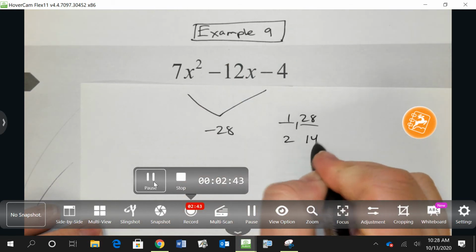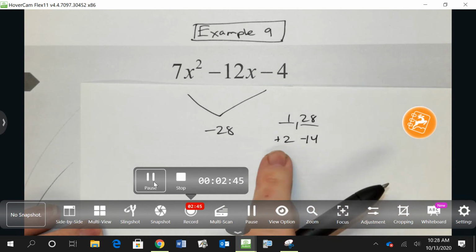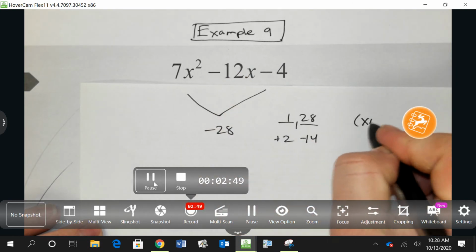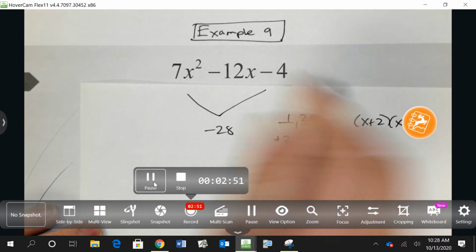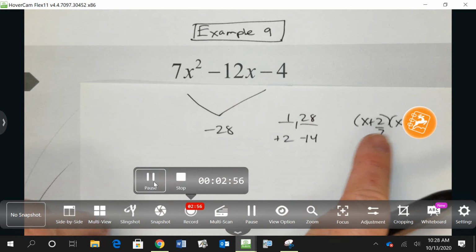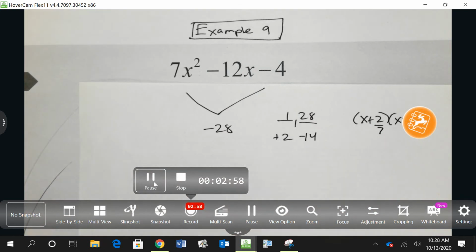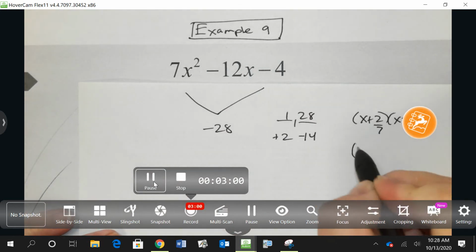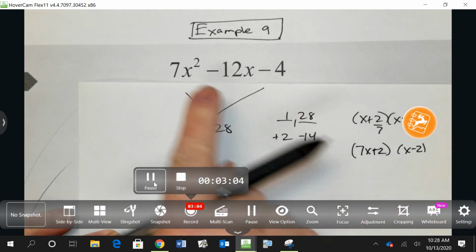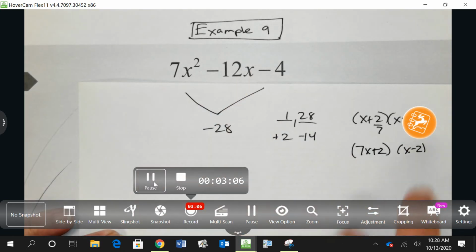Hey, these two work if it's a negative 14 and a positive 2. Combines and multiplies. So x plus 2, x minus 14. Don't forget the 7 up front. Because it's different than 1, it needs to go underneath. And now I reduce the fraction when possible, and then push up 7x plus 2, and this reduces to 2. This is equivalent to this factored form.